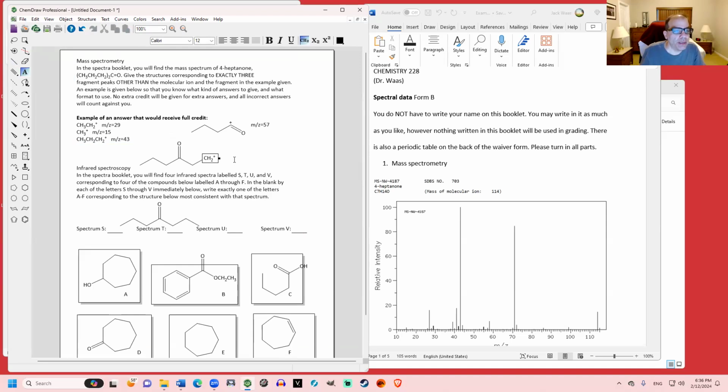It's actually this one. So that's 4 fragments right there, and I'm probably missing some. And they only needed 3 in order to get full credit. So the way you do it is by breaking bonds and adding up the masses of the fragments that are left, and then hunting for those peaks in the mass spectrum, just like we did in class. So that's how you answer that question.